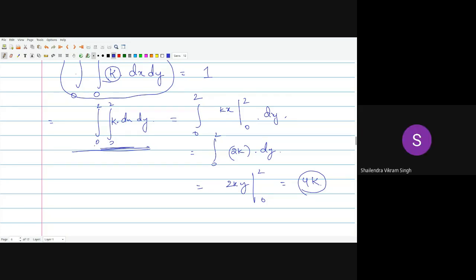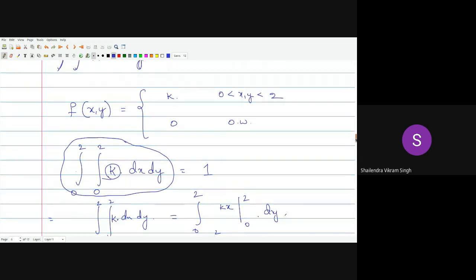Agreed? Sir, 4k meter cube. If k is a constant, then it cannot be meter cube. It will be meter square only. Why meter square? If you are taking k as a constant, how does it become a meter? K is constant means k meters.